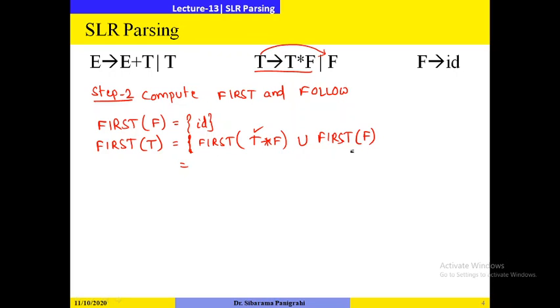We will just go through first of F. First of F is ID. So first of T equals ID.